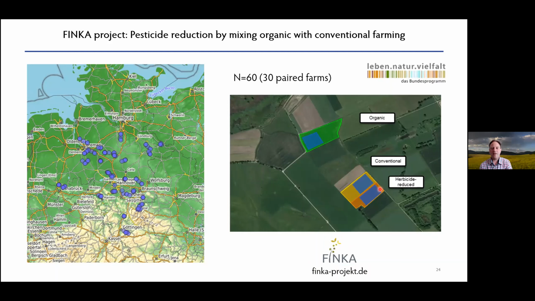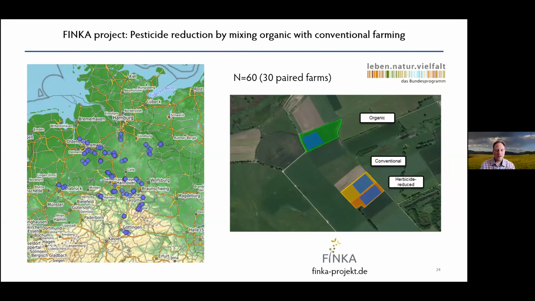And the conventional farmers split a field here, and 1 hectare of one of these fields is herbicide reduced. So basically there is no herbicide and no insecticide being used on that field. And instead of using herbicides, organic farming practices are used on that field. Basically mechanical weed control is used.